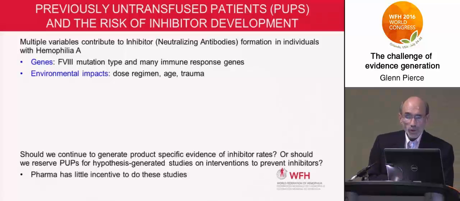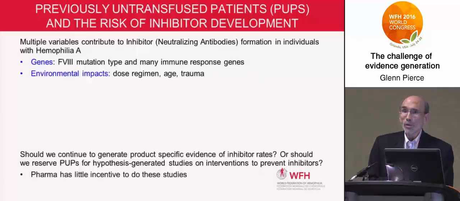So the question would be, should we continue to generate product-specific evidence on inhibitor rates, or should we start looking at these PUPs as a resource to determine how to prevent these inhibitors from forming? You know, whether an inhibitor rate is 30% or 40% or 20%, that is too high.